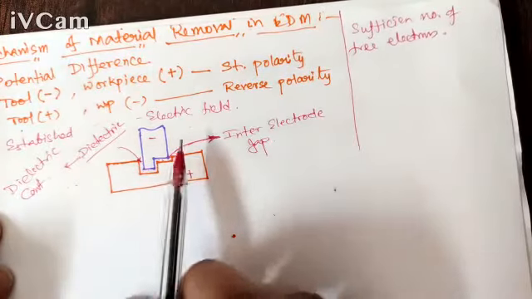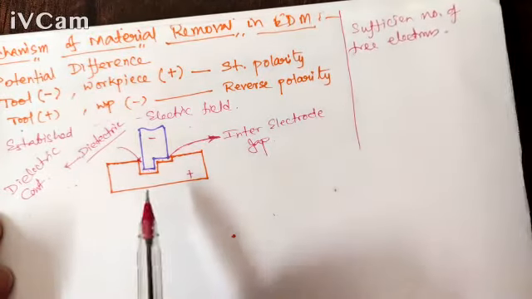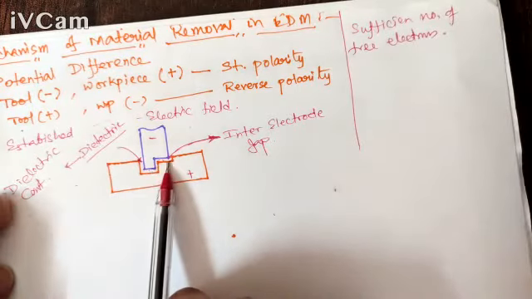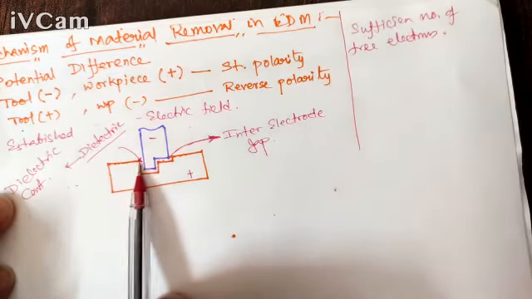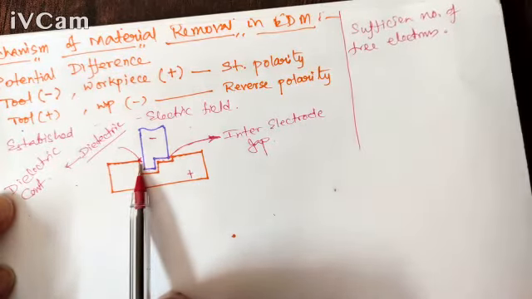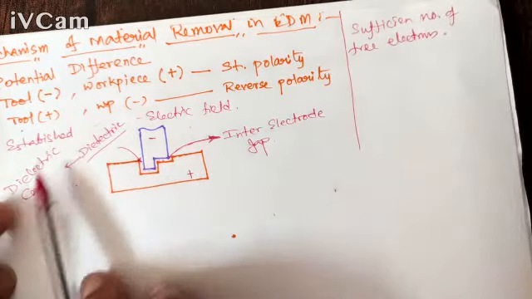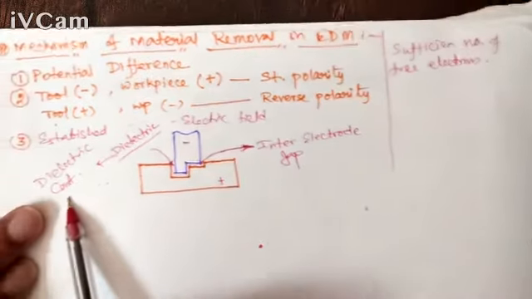The dielectric material kept inside works as an insulator initially, and that insulation depends on its dielectric constant.